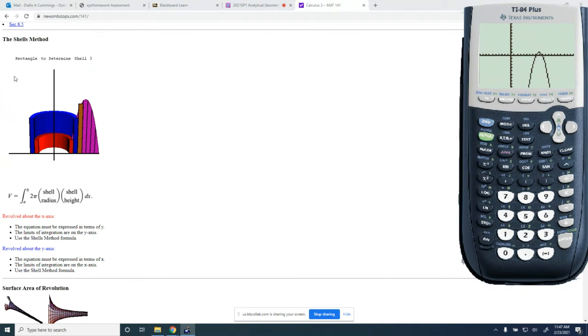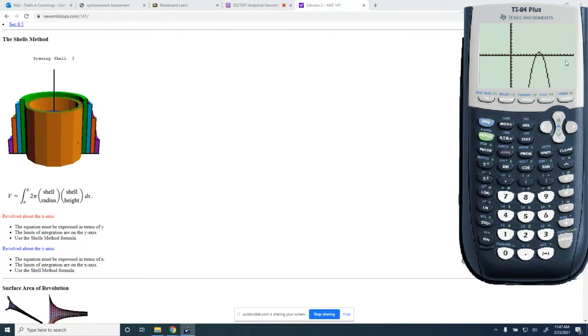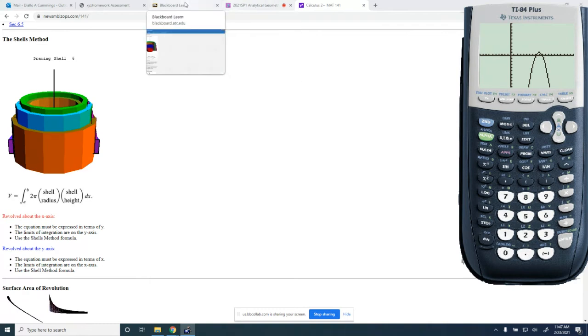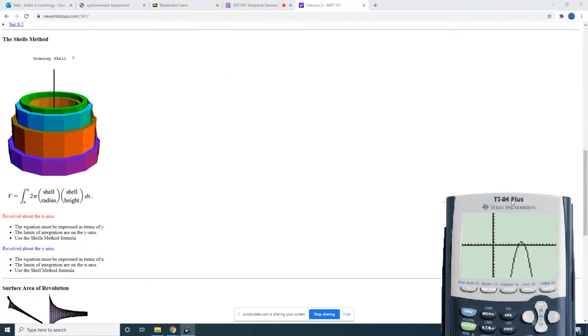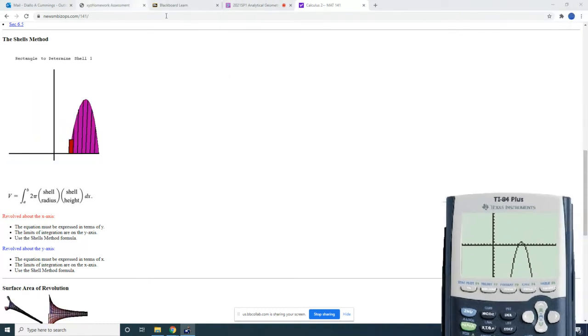All right, so we have our function, which is expressed in terms of x. We have our limits that are on the x-axis, which we're going to find now. And there's actually two ways to find your limits of integration. And we'll take a look at both of those ways here.